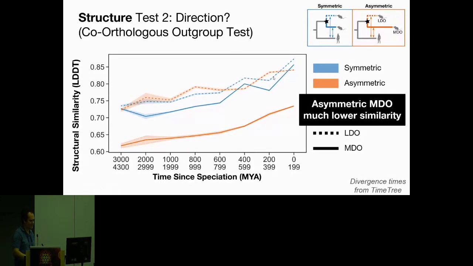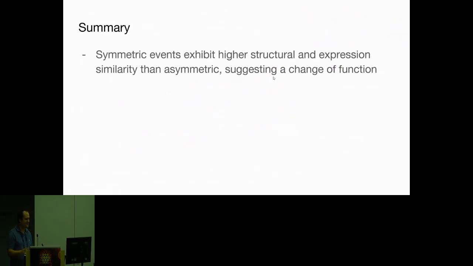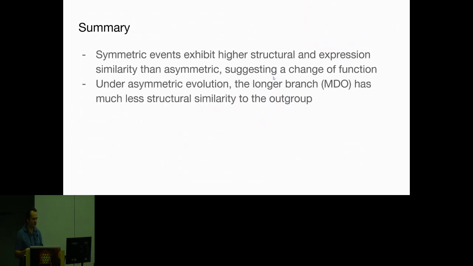part of the graph. So just to summarize, we found that the symmetric events exhibit higher structural and expression similarity than the asymmetric, suggesting a change of function. We saw that under the asymmetric evolution, the longer branch has much less structural similarity to the outgroup.